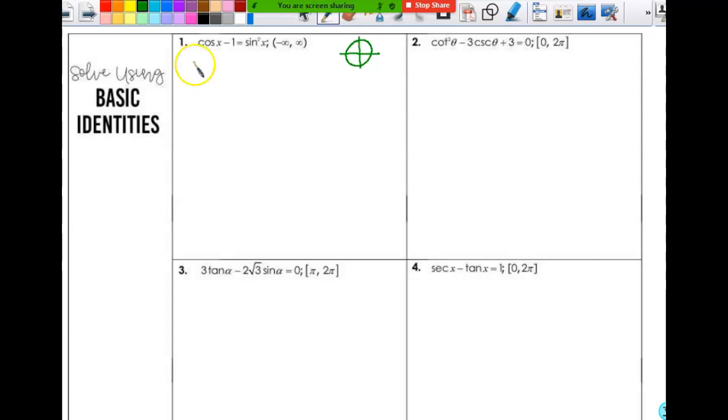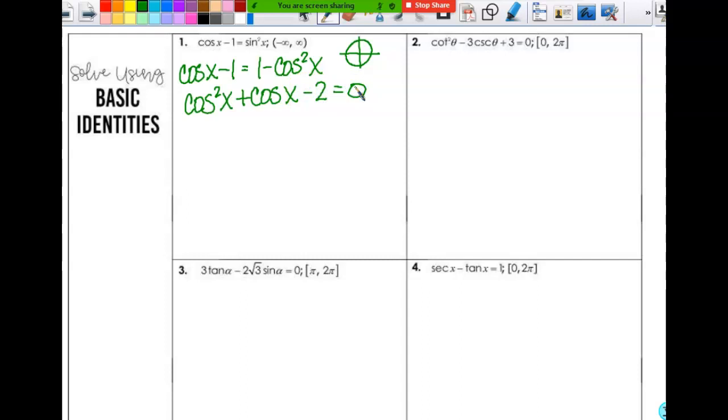So let's do that. This will give me cosine x minus 1 equals 1 minus cosine squared x. Now everything's in terms of cosine. That's good, because I have a quadratic. Since it's a quadratic and I want my squared term positive, I'm going to move everything over to the left. So this is cosine squared x plus cosine x, and then I'm going to subtract the 1 over there, so that'll be minus 2 equals 0.